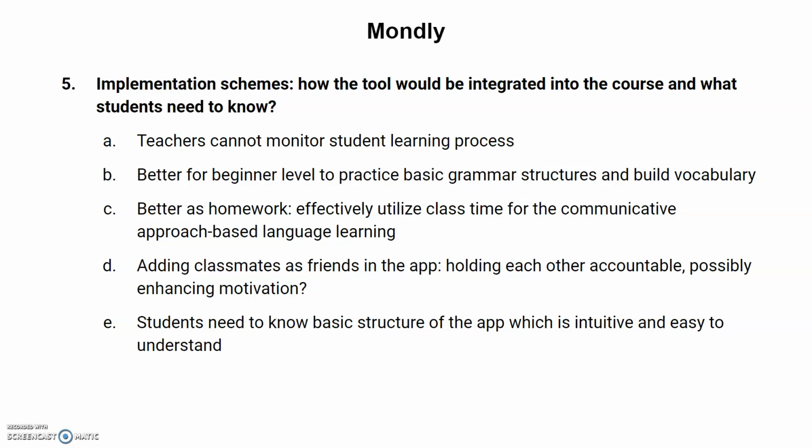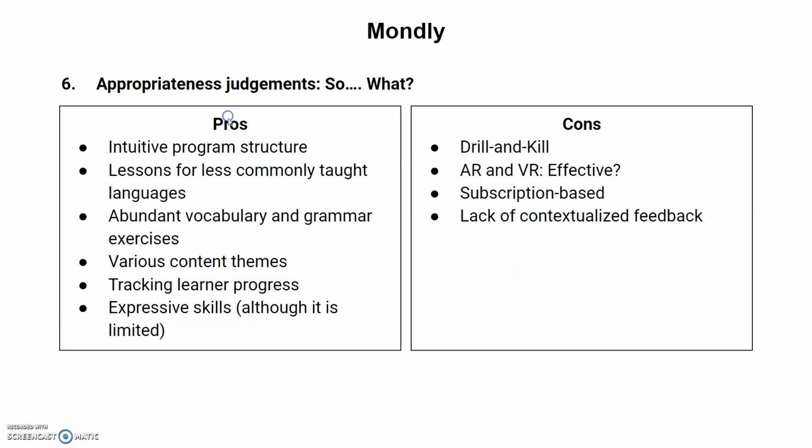Students need to know the basic structure of the app in order to use it effectively, but I think it's not a big problem because the structure itself is very intuitive and easy to understand.